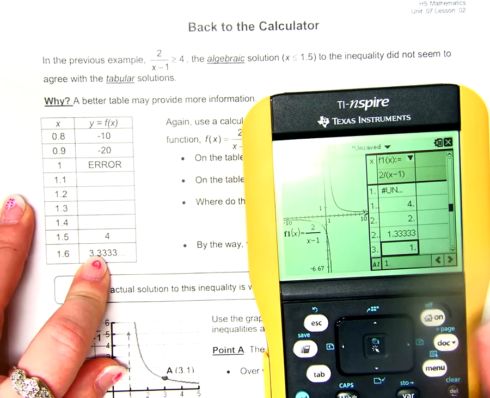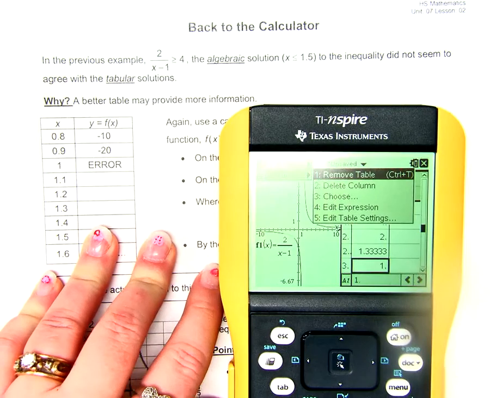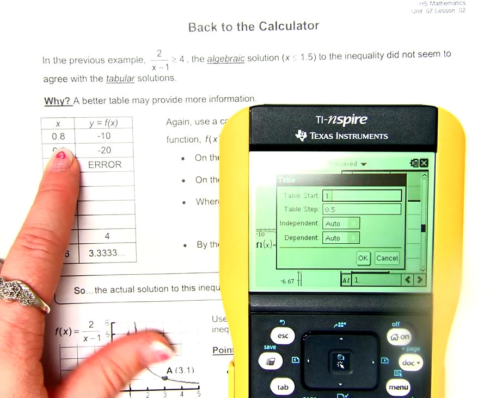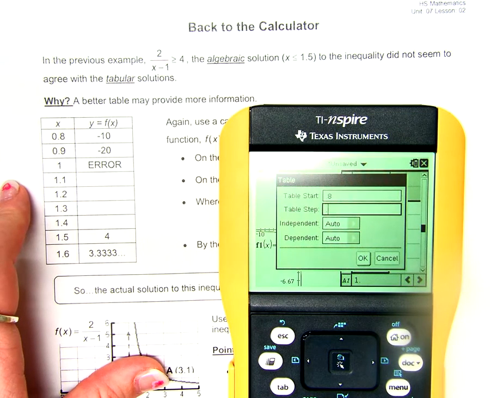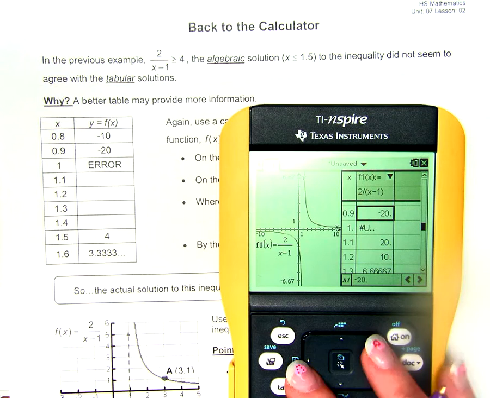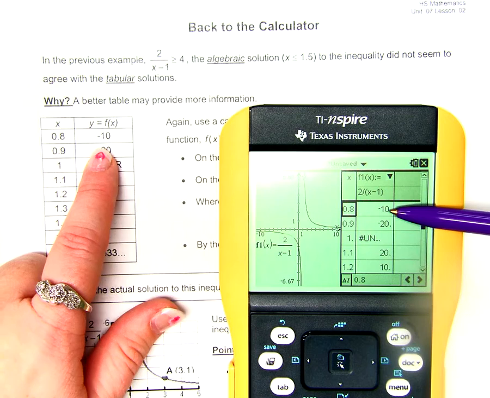Okay, so let's go menu, table settings. Where do I want to start? 0.8, and I want to count by 0.1s. Okay, so that is -10, like it says in my calculator.